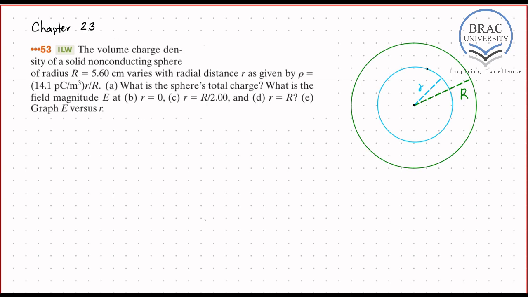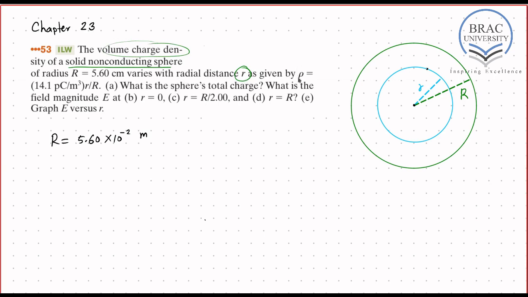The volume charge density of a solid non-conducting sphere of radius R equals 5.60 centimeters, that is, R equals 5.60 times 10 to the power minus 2 meters, varies with radial distance small r.